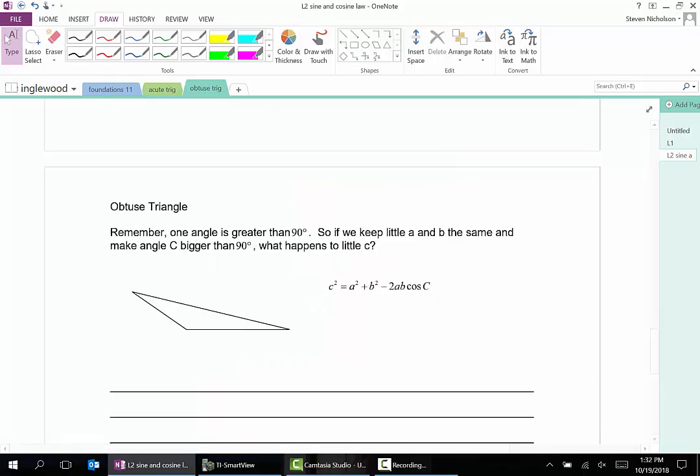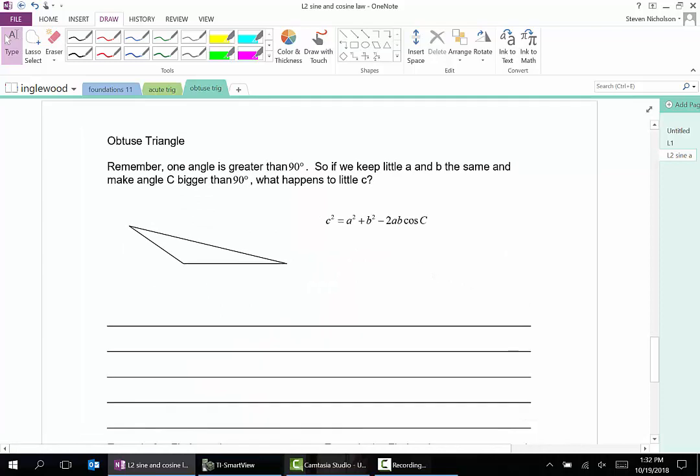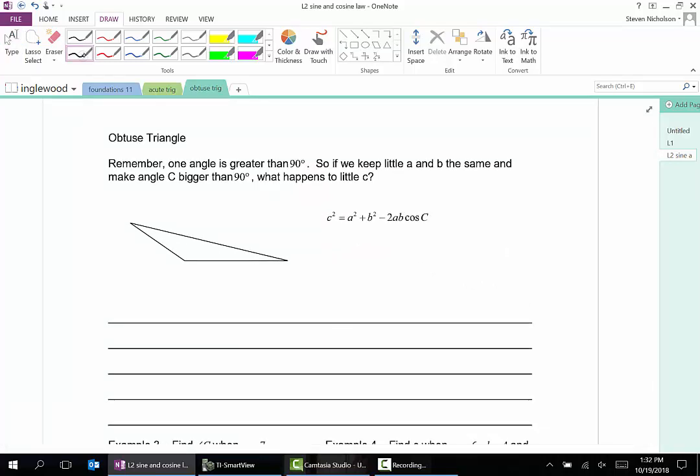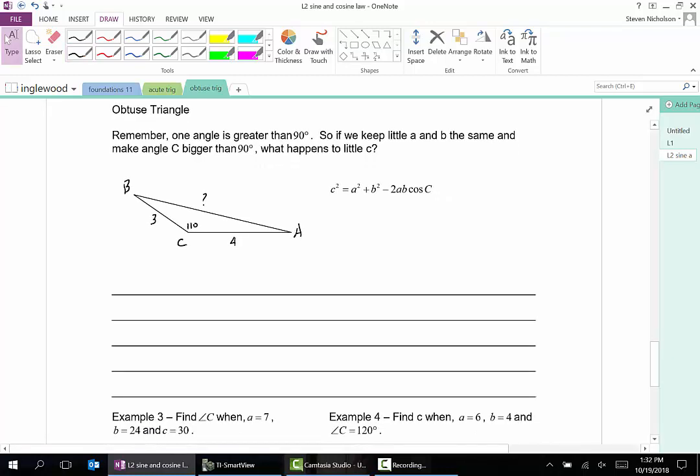So finally, what has to happen when C is obtuse, greater than 90 degrees? So again, I hope you would look at this quick little picture and understand that the side opposite angle C has to be bigger than 5 because we're stretching it out.